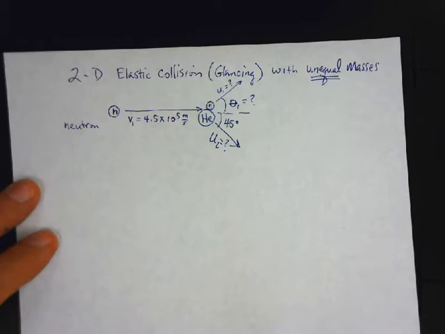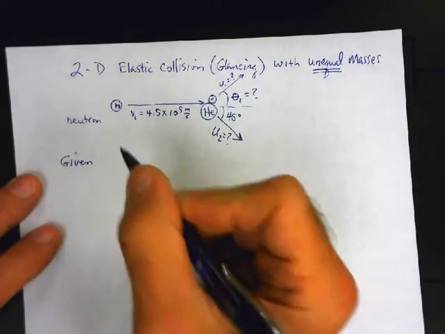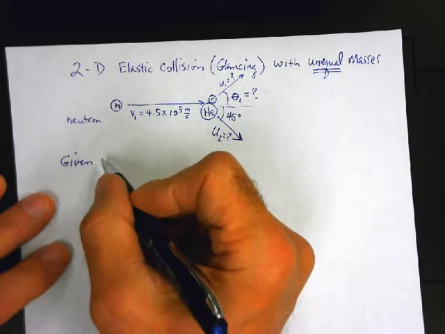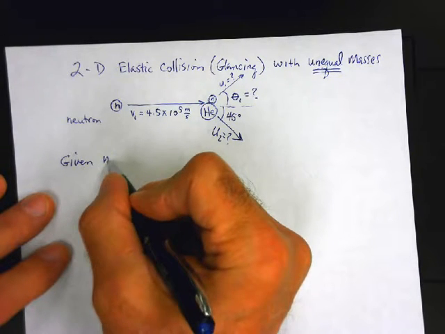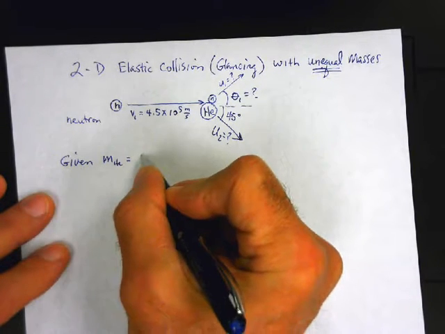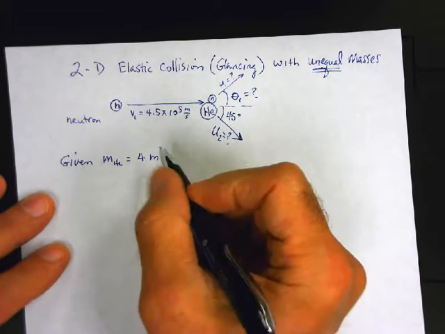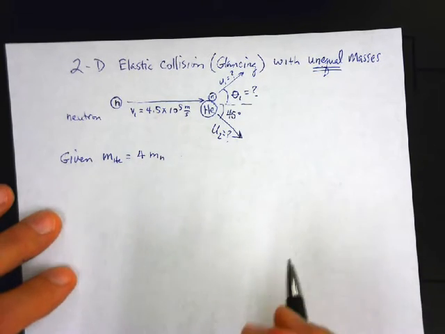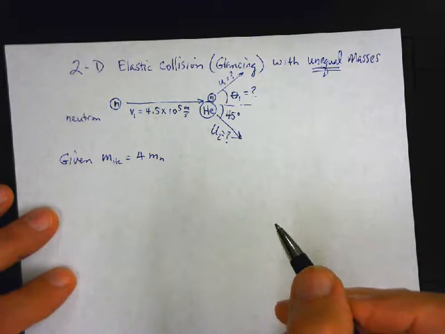So we can say, given that the mass of the helium nucleus is equal to 4 times the mass of the neutron, we see the relationship there. It's just a 4-to-1 ratio, right?